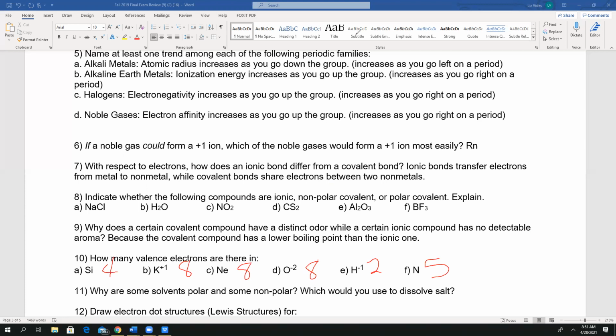And now the question is, why are some solvents polar and some non-polar? Which would you use to dissolve salt? The question here is very simple.